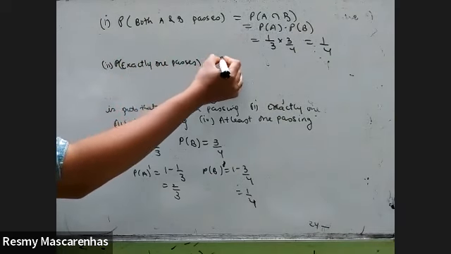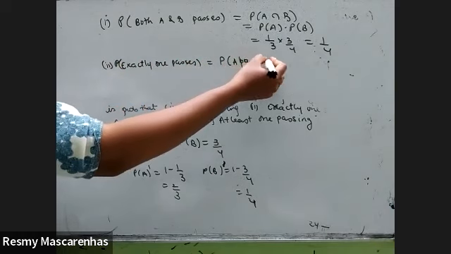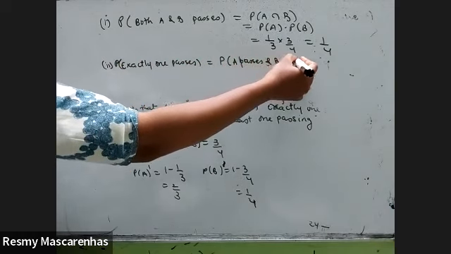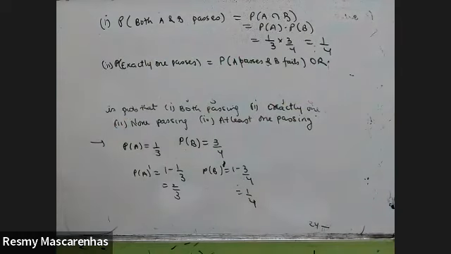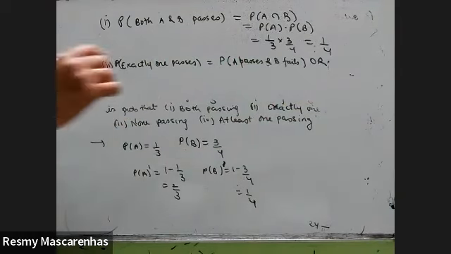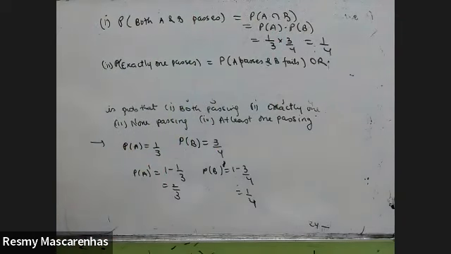What it means is the probability that A passes and B fails, or exactly one of them is passing. So we don't know whether A is passing and B failing, or the other possibility. Someone has told you there were students A and B who had gone to answer the exam.